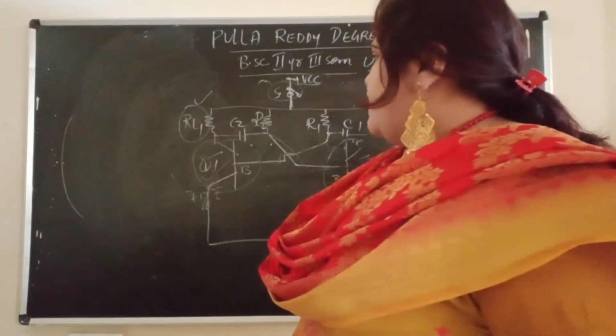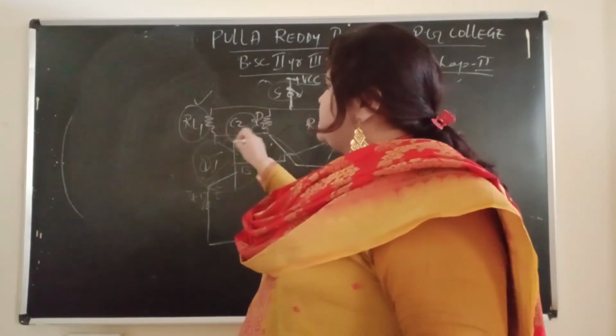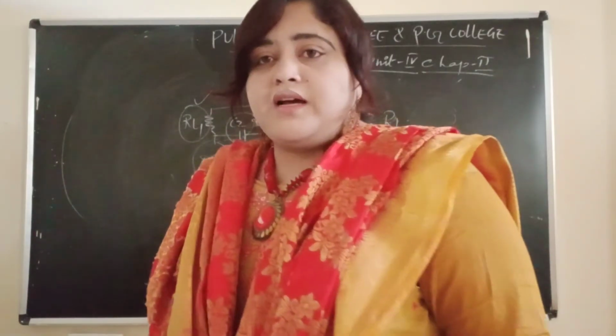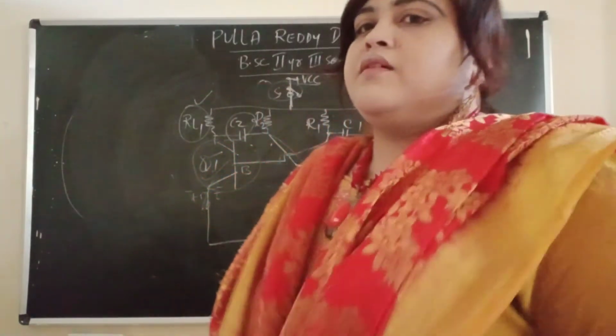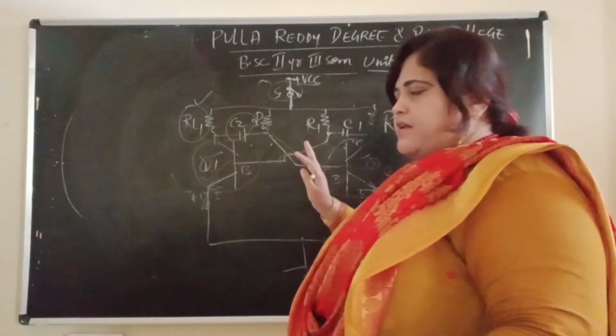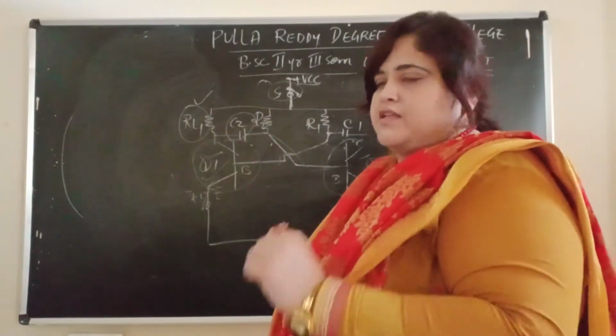Suddenly voltage will drop across RL1, meaning the capacitors, since the transistors are conducting, will start charging. We are considering that Q1 is conducting more heavily and Q2 is conducting less. So now capacitor C2 will start discharging.